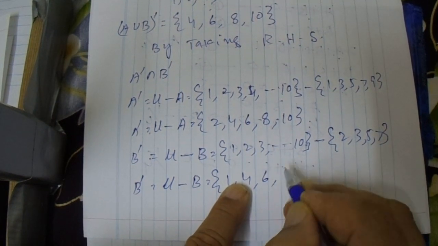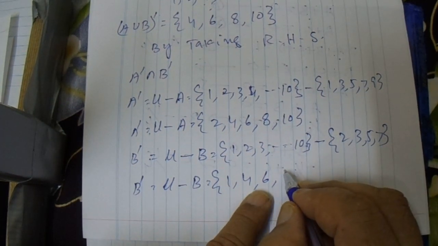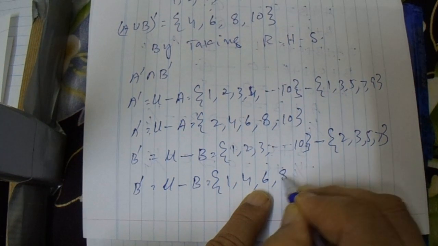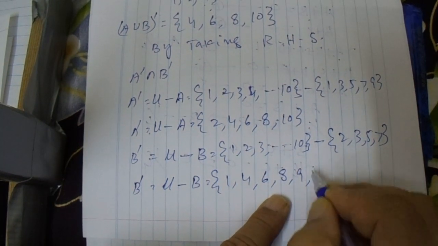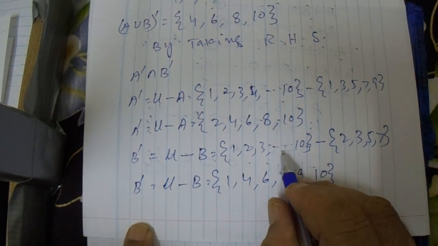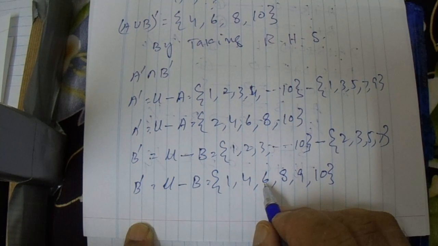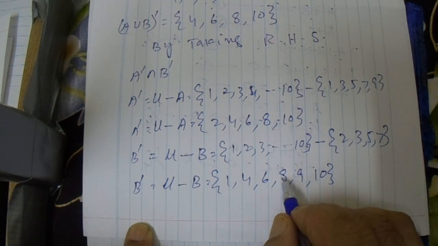Now 6 present, we write 6. 7 don't. 8, 9 and 10.